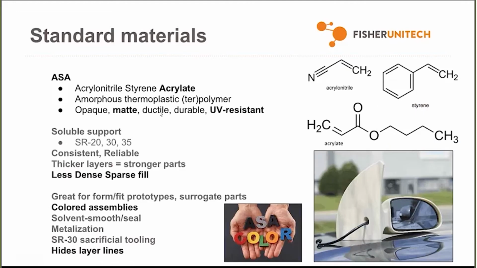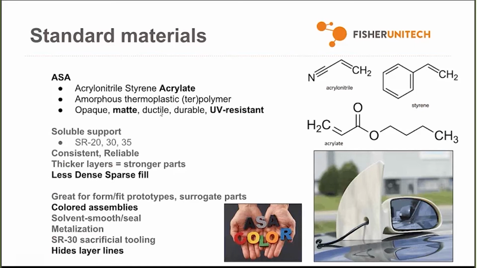All right, and last for the standard materials is ASA. Now, this is basically identical to ABS, so I'm just emphasizing the differences here. Chemically, the only difference is that the rubber monomer, butadiene, is replaced here with acrylate, and that material is UV resistant.